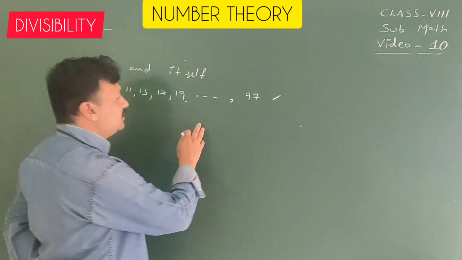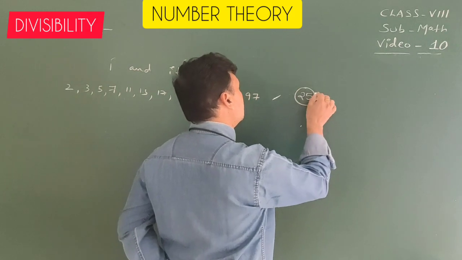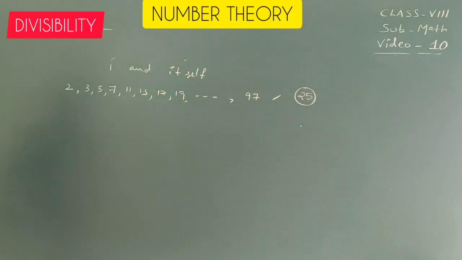How many primes are there between 1 and 100? We have 25 primes between 1 and 100.